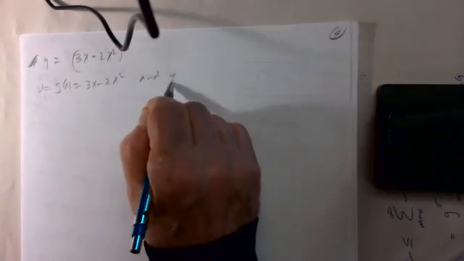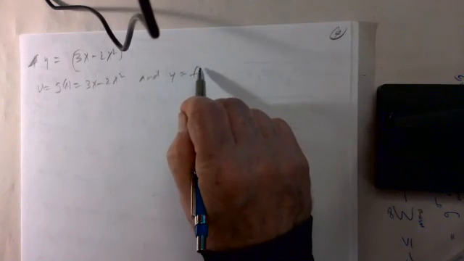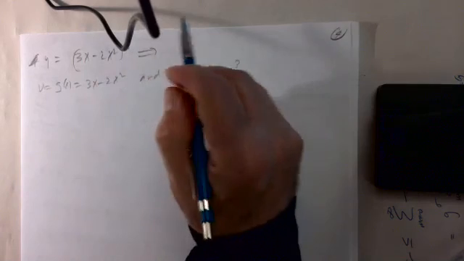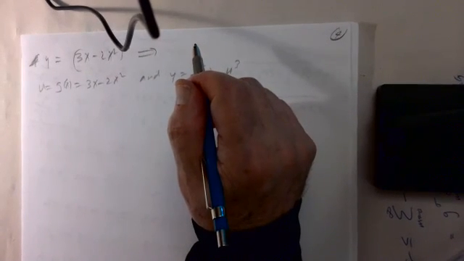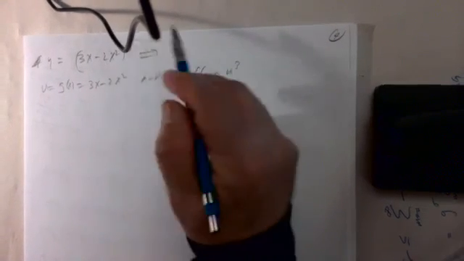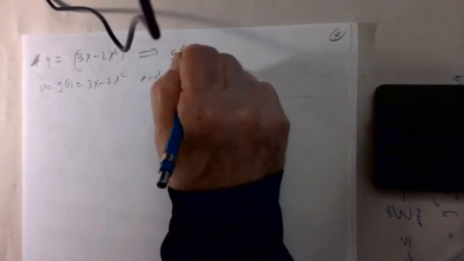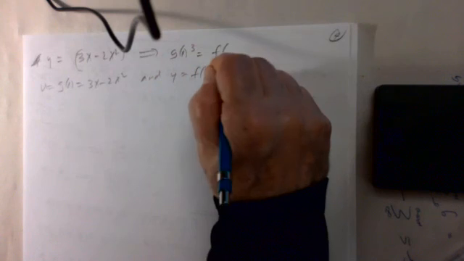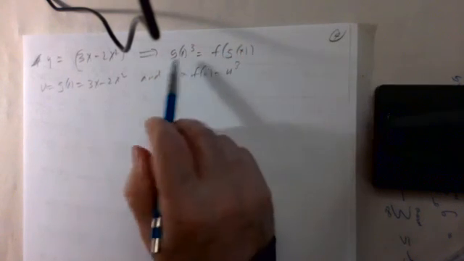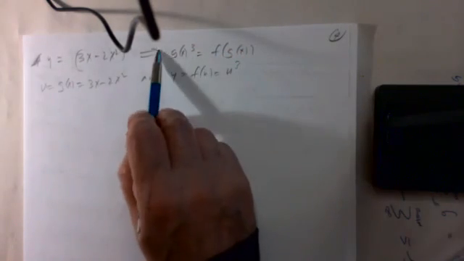If we let u be a certain function of x, 3x minus 2x squared, and y be some function f of u, which is just u cubed, then this is exactly g of x cubed, which is f of g of x.